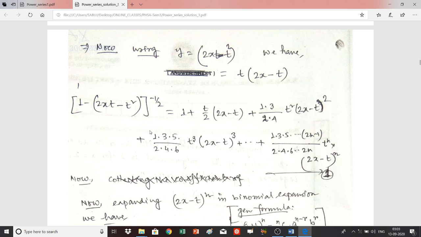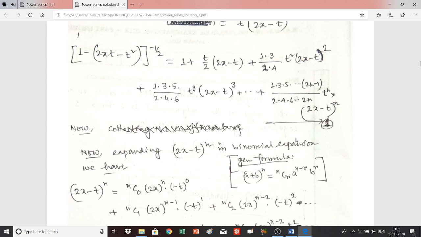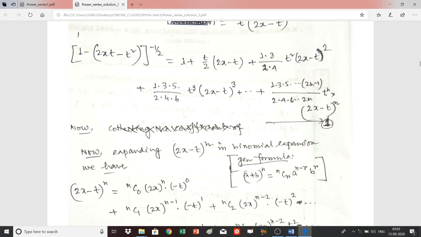So we can write that this term, the binomial expansion of 1 minus 2xt plus t square to the power minus half, is equal to this. Now the last term has a term which is 2x minus t to the power n. Now we have to expand this term also.